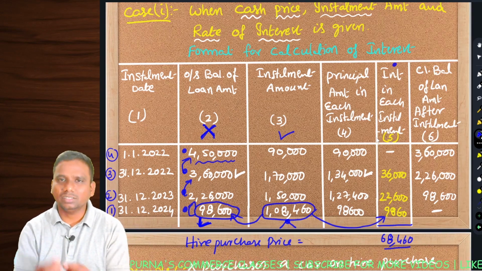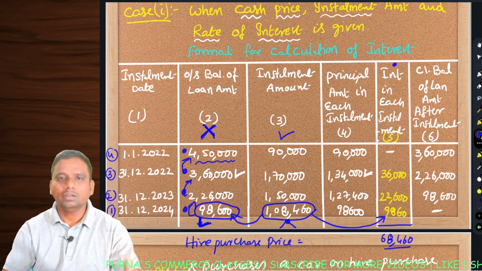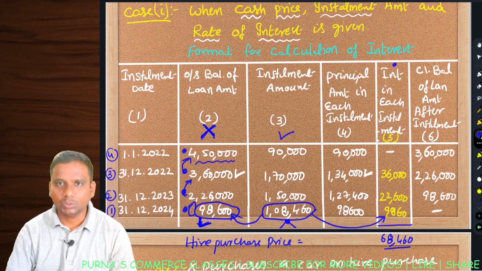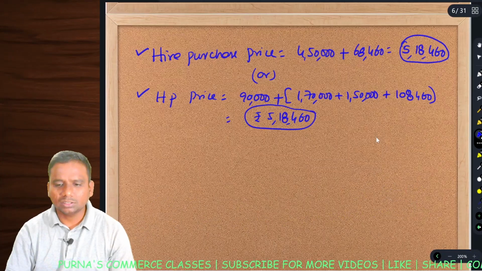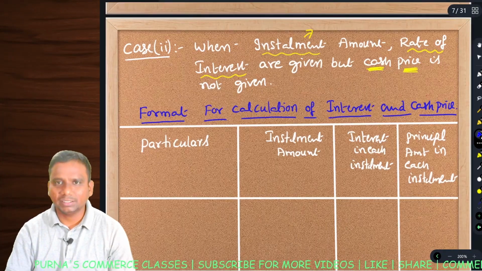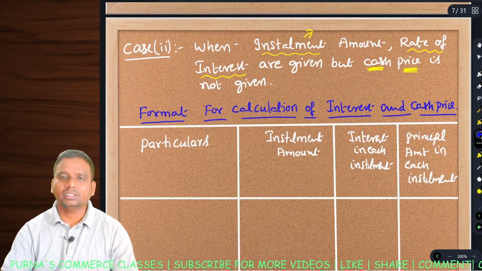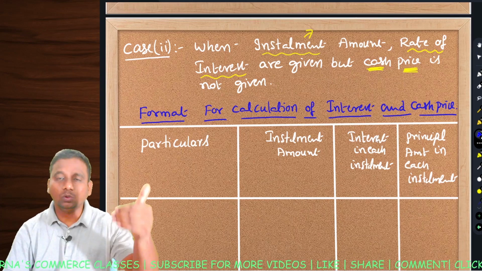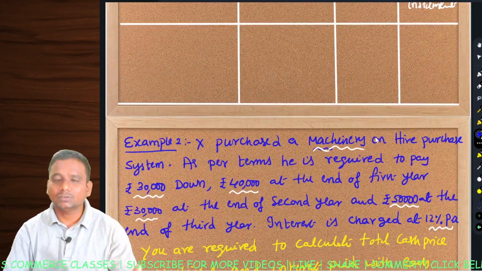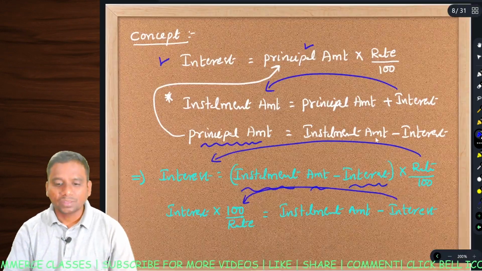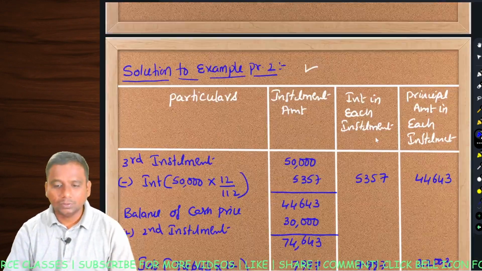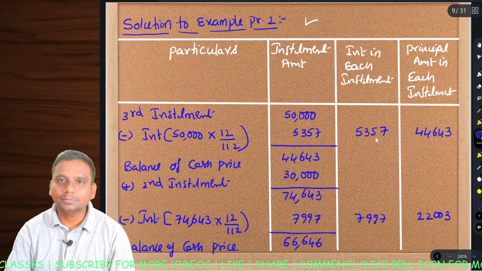Try to understand the thin line of difference between the first case and the second case, students. These are the two cases in which we calculate interest. First case, only interest is calculated. Second case, interest and cash price are also calculated. Clear?